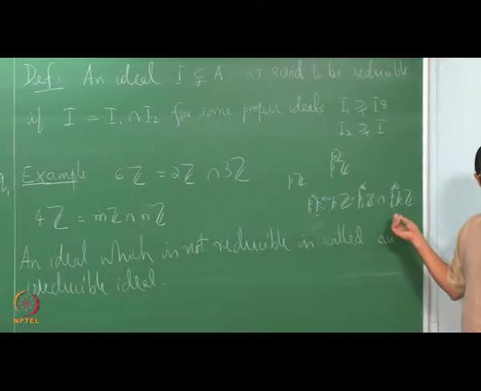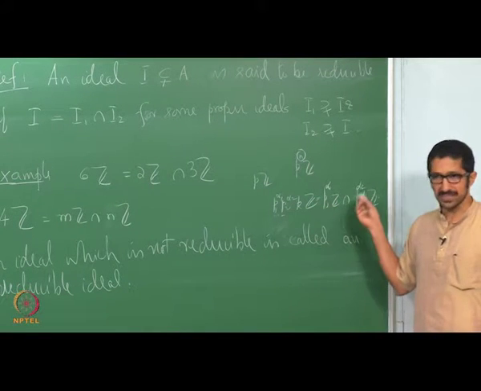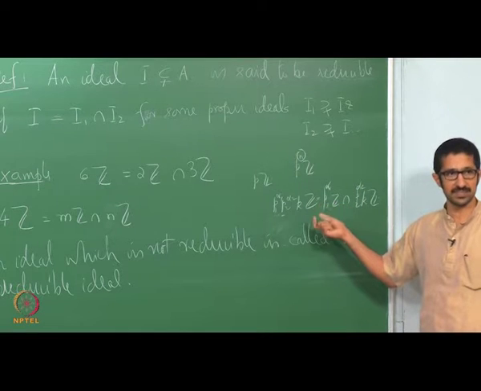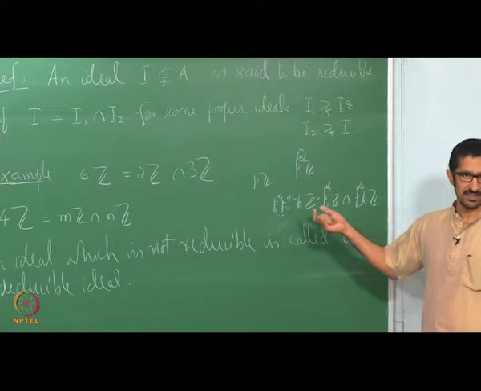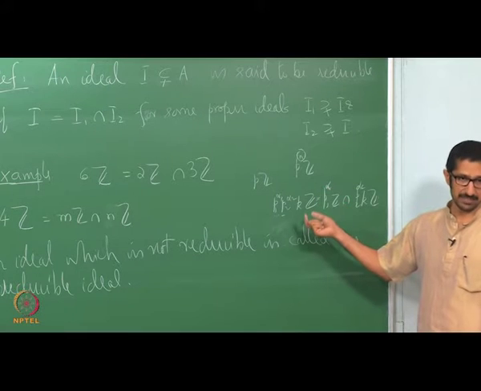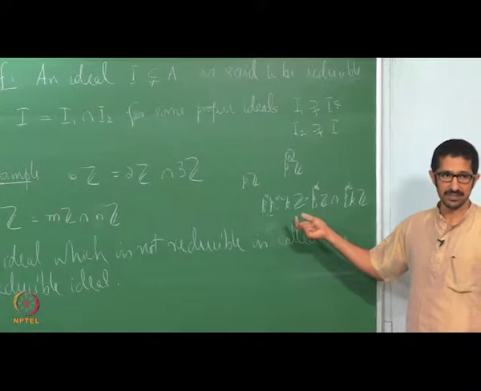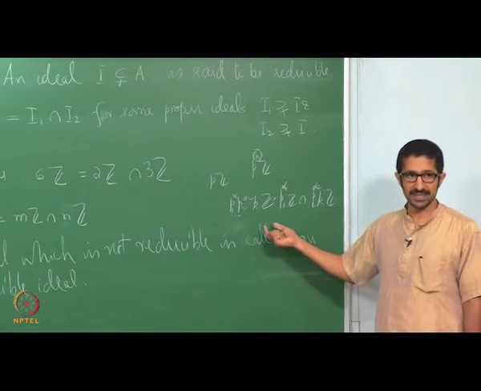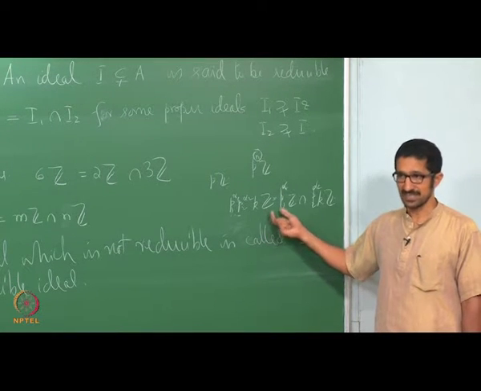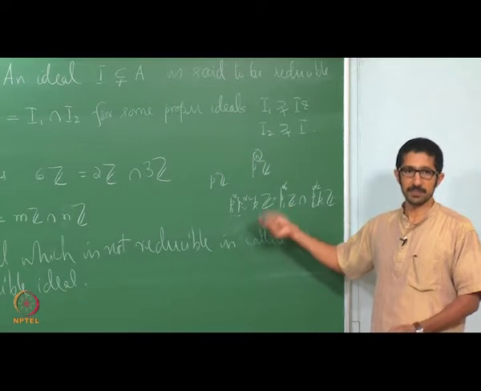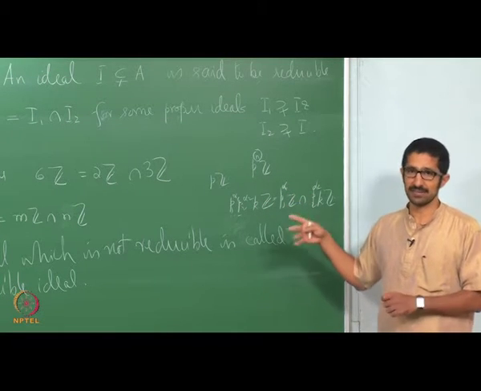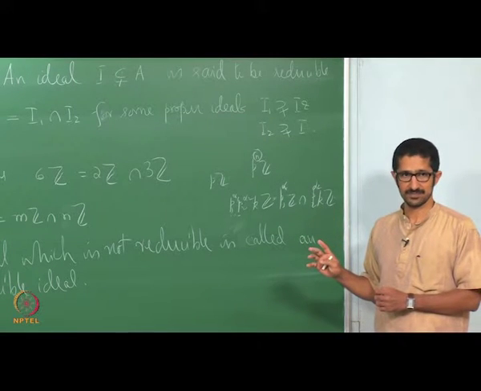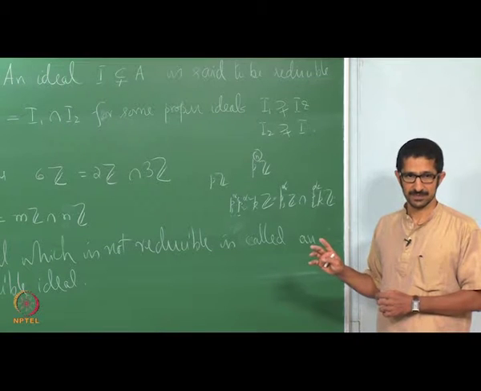So if there are two distinct primes in the prime factorization of that integer, the ideal generated by that integer will be a reducible ideal. In other words, an irreducible ideal in Z is of the form p power alpha for some prime p and for some positive integer alpha, right.